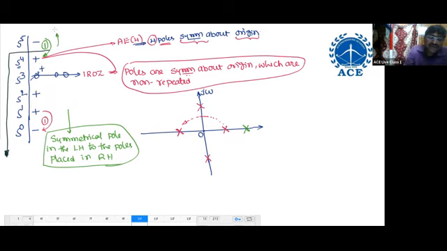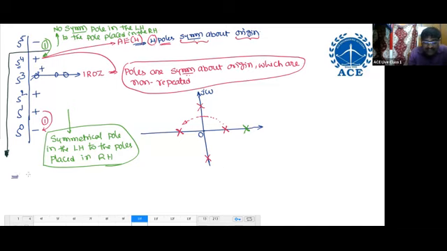For above the auxiliary equation, there is no symmetrical pole in the left to the pole placed in the right. Below the auxiliary equation, a symmetrical pole is compulsory. So what is the conclusion?